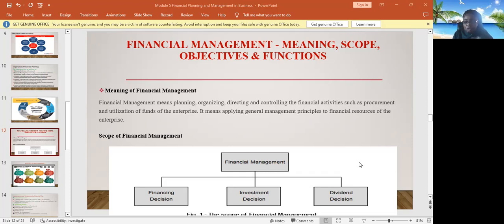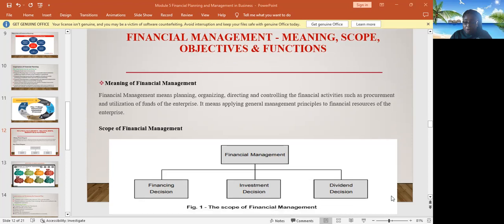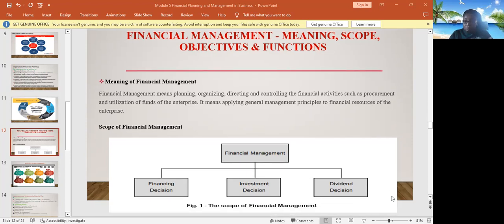Your investment decision too can make you have a breakthrough or become stagnant. Your dividends decision as well can make you successful or it can ruin you. These are the scopes of financial management.